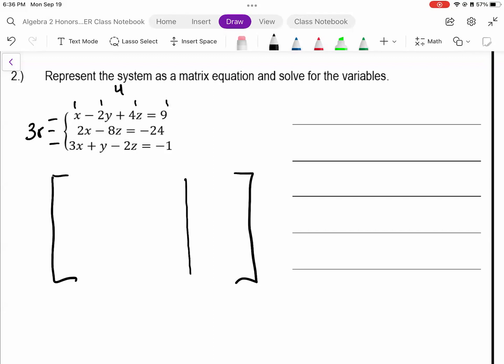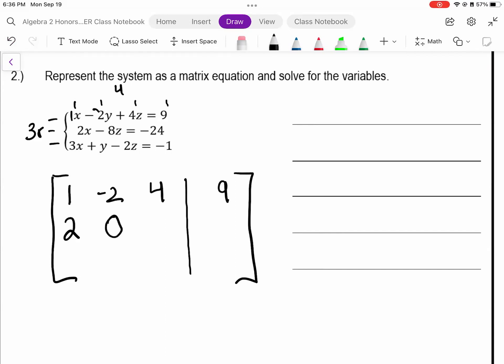All right. And all I'm going to do is write the coefficients. So that's going to be 1 for X, -2 for Y, 4 for Z, and then 9 as the constant. Now on the second row, we got 2 for X, -8. Ooh, actually that's a Z. So we're going to skip that because it doesn't seem like we have a Y value, which means it's going to be 0.